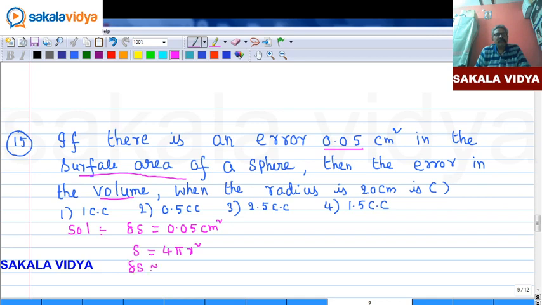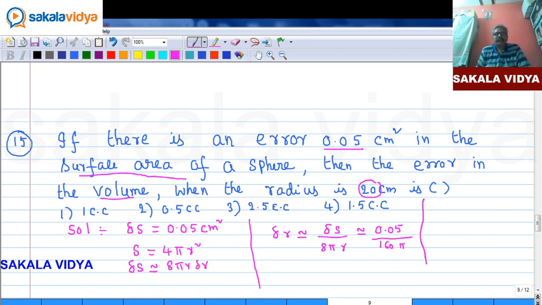Delta S approximately equal to 8 pi r into delta r. So delta r is approximately equal to delta S by 8 pi r, which is 0.05 upon radius, which is 20 given, so 160 pi. You leave it now.